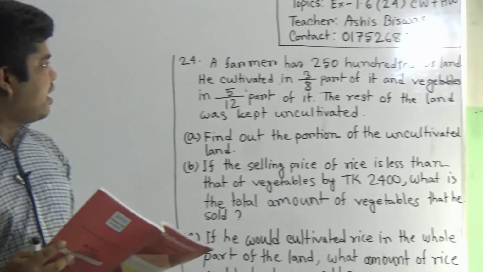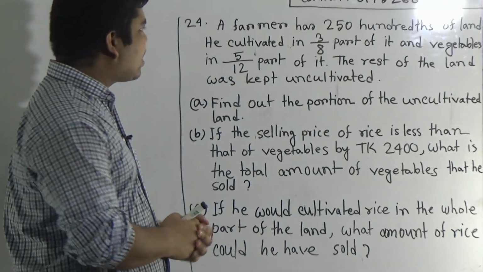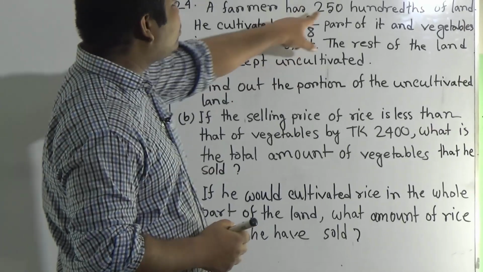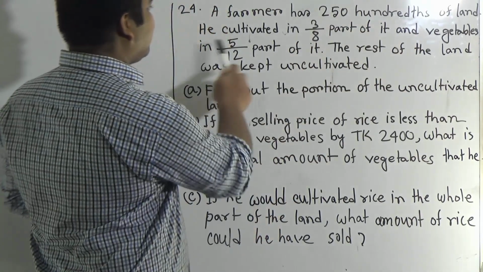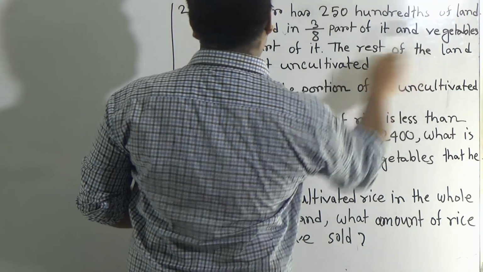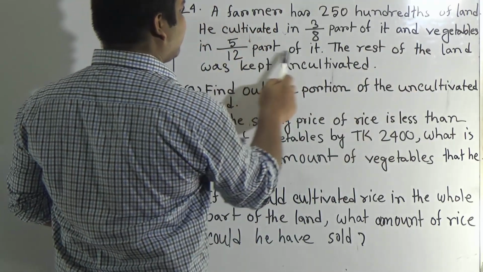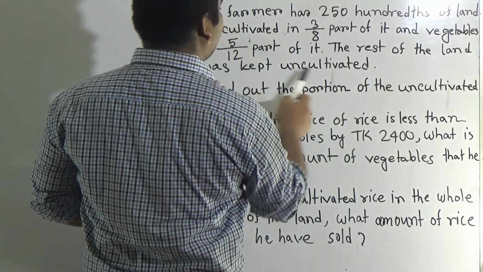Okay, I have already written the question on the board. So read this. A farmer has 250 hundredths of land. He cultivated rice in 3/8 part of it and vegetables in 5/12 part of it. The rest of the land was kept uncultivated.